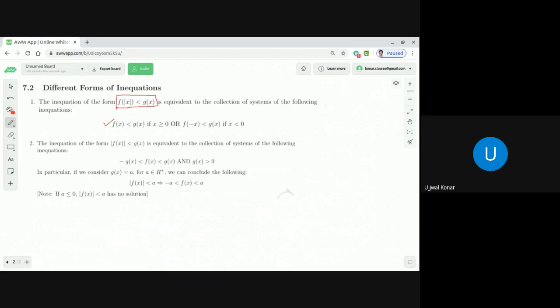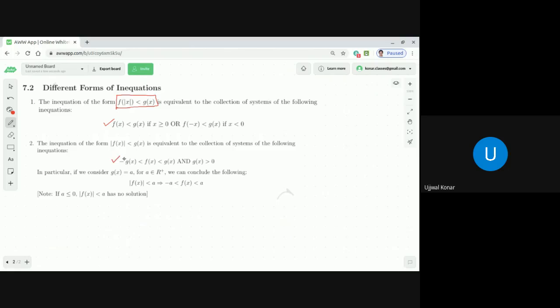The inequation of the form |f(x)| less than g(x) is equivalent to the collection of the following system of inequations: minus g(x) less than f(x) less than g(x), and g(x) greater than 0.